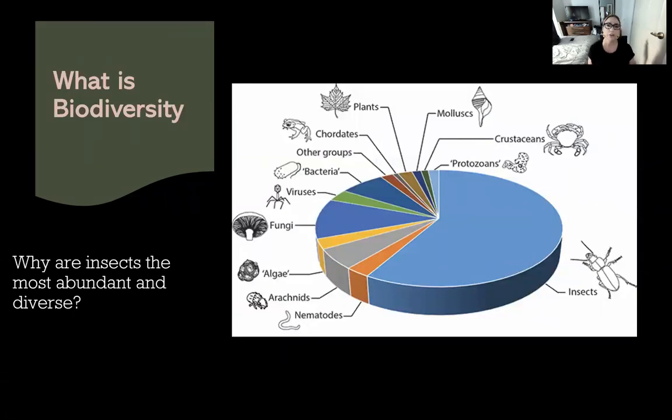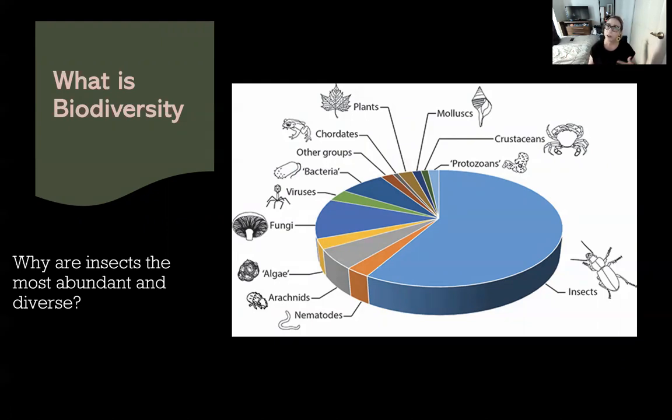Now, what I want you to notice with this slide is, okay, this is looking at this pie chart. If you take all the organisms on Earth, this pie chart is showing you how many of those organisms belong to each group, right? So what I want you to notice here is insects are by far the biggest group of organisms.